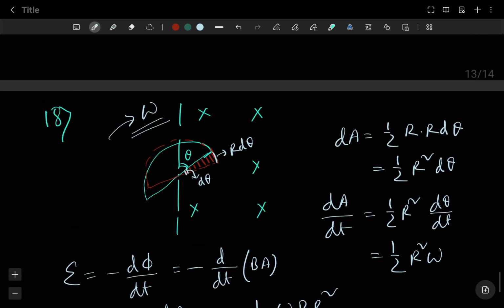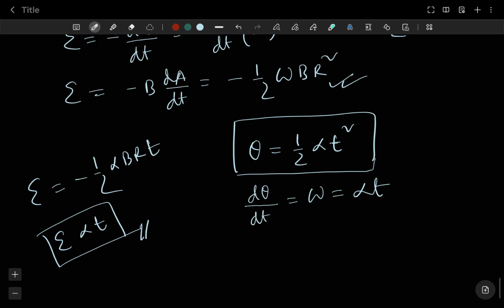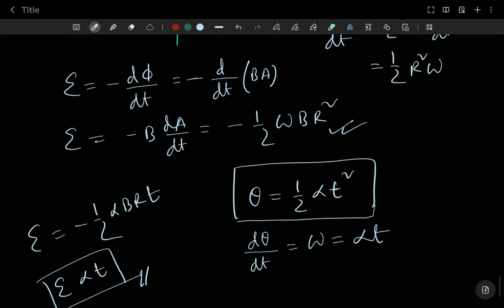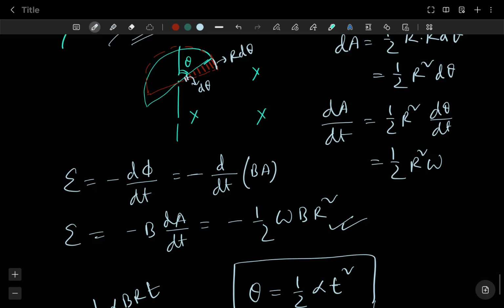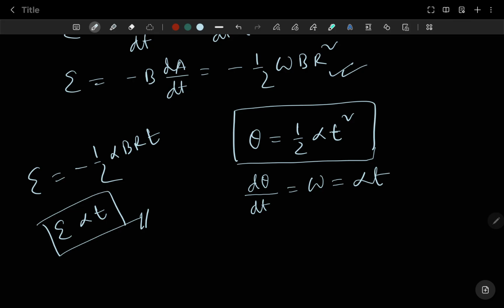Then when it goes from pi to 2 pi, the EMF will be positive again. Clear?